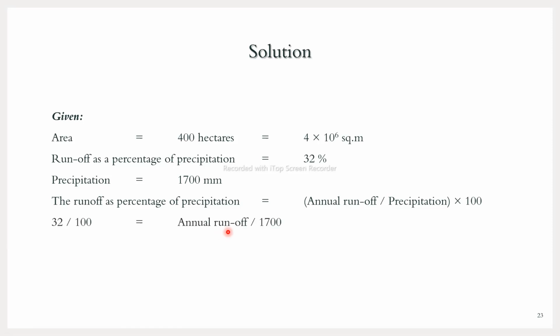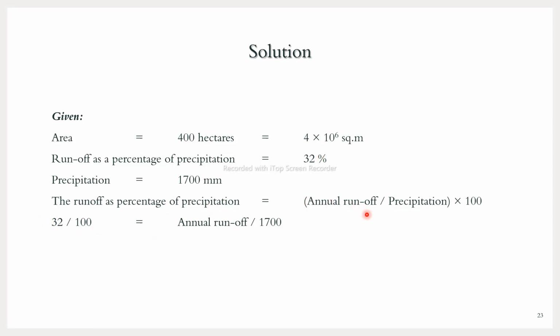So runoff as a percentage of precipitation is expressed as 32%. So annual runoff divided by precipitation, you can express it as 32 by 100. As it is given 32%, it is 32 by 100.